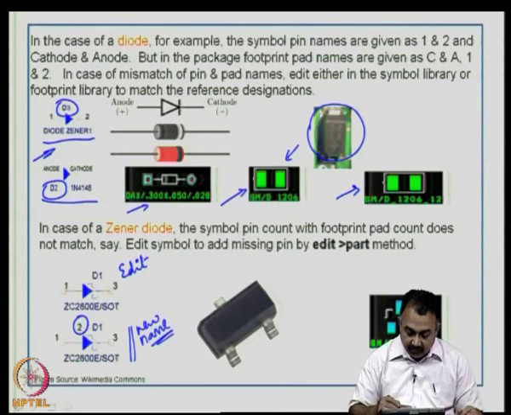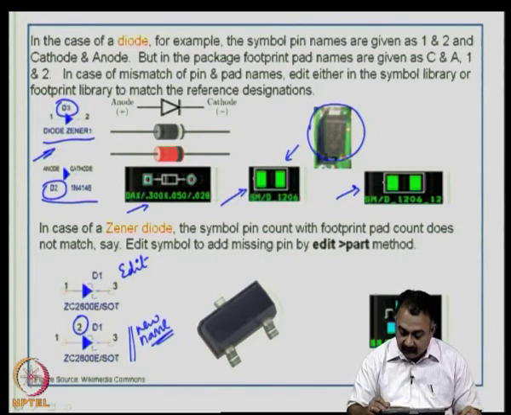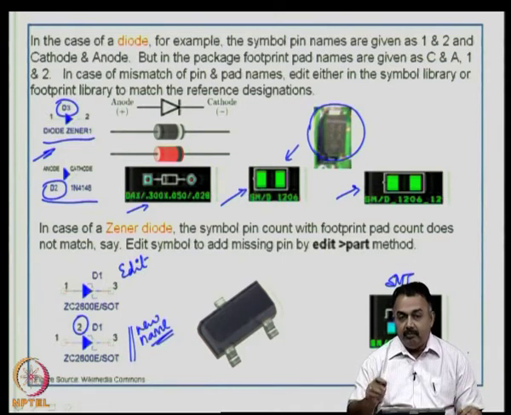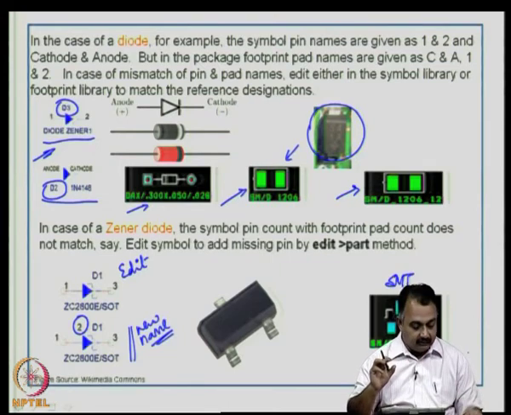So, this is the picture of a Zener diode, SOT23, for example, this is the SMT footprint. So, the pad sizes are well defined in a footprint libraries. Check that before you utilize it.